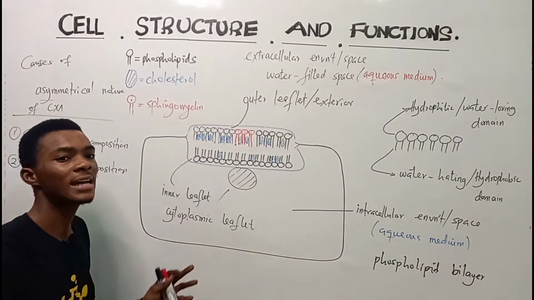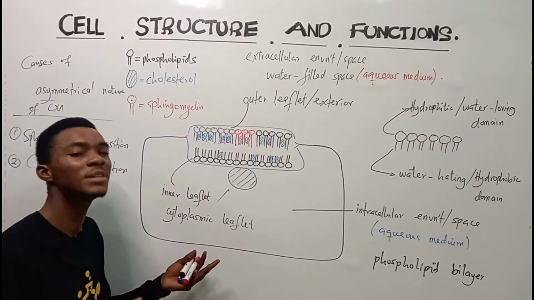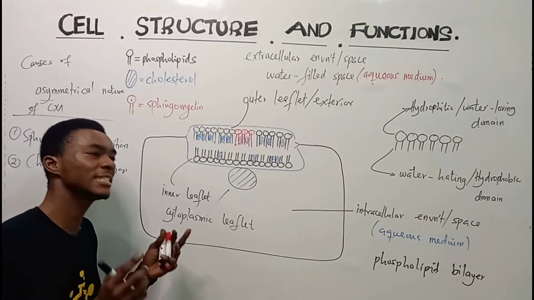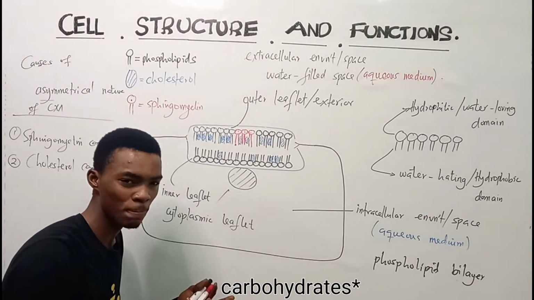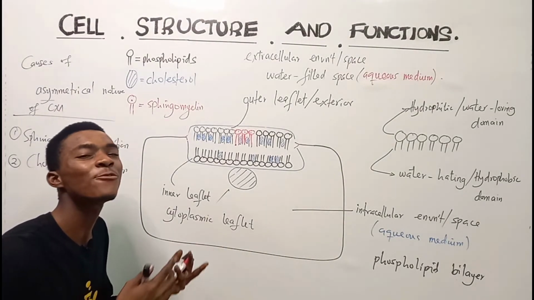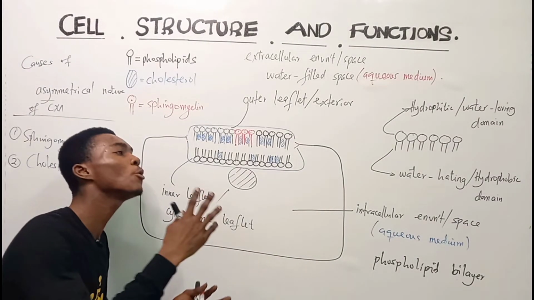You realize that there are just some traces taking about 3% out of the raw chunk of the cell membrane. Yes, I must tell you now that all significant carbohydrates that can be detected are peculiar to the outer leaflet. They are found in the outer leaflet, associated with the phospholipid structures and the sphingomyelins.